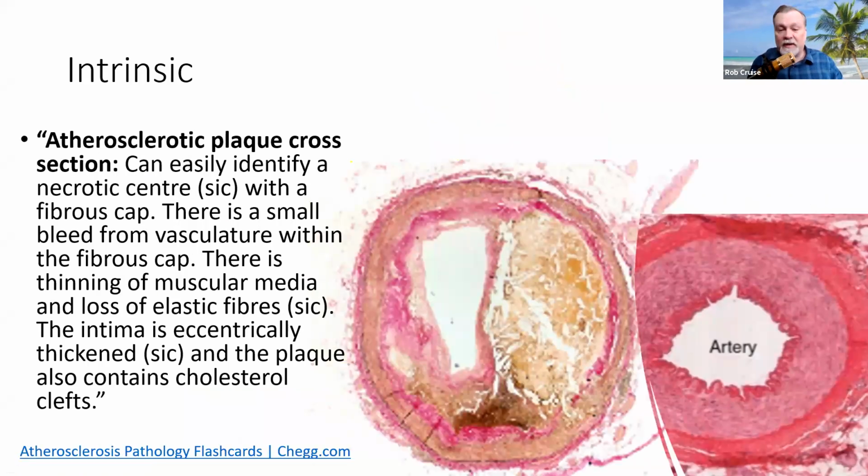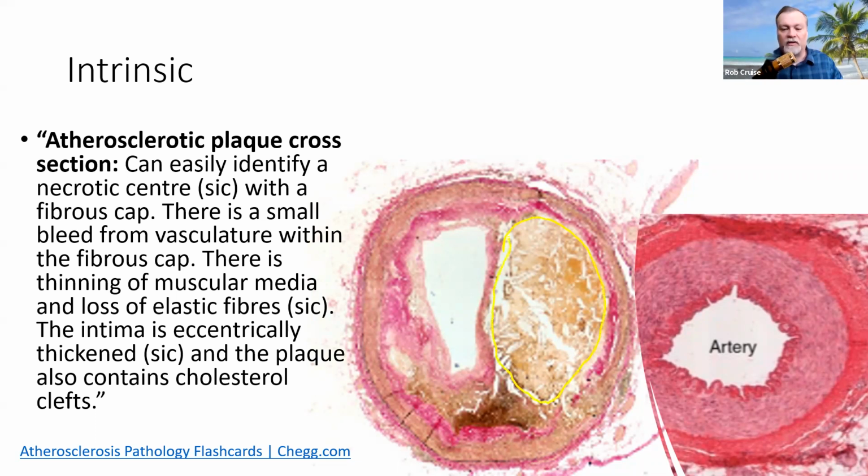All right, so now we're going to talk about intrinsic factors. Unfortunately, atherosclerotic plaque is on the rise. We do have that in our lifestyle. What we do and eat, or lack of activity, all those combinations will increase that. So here we have the core of the plaque, right?